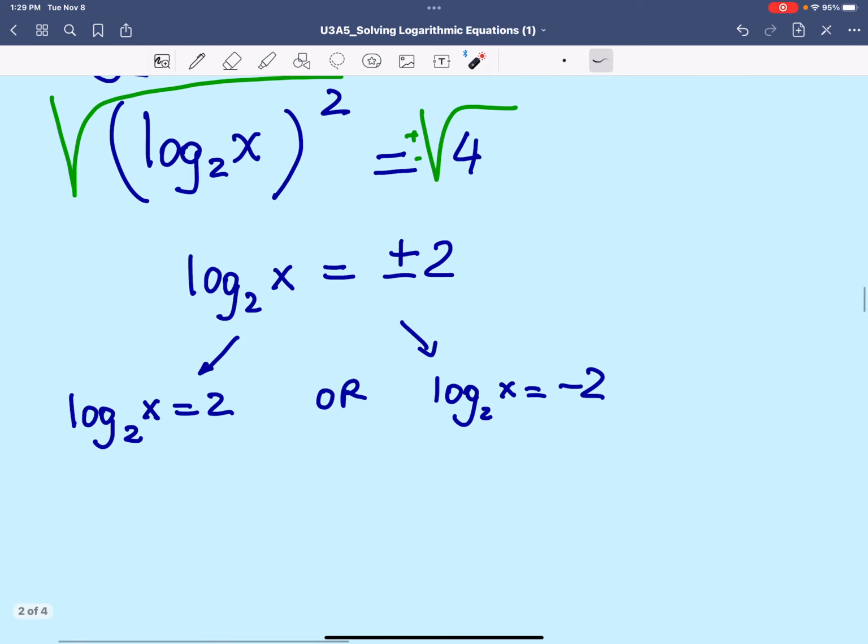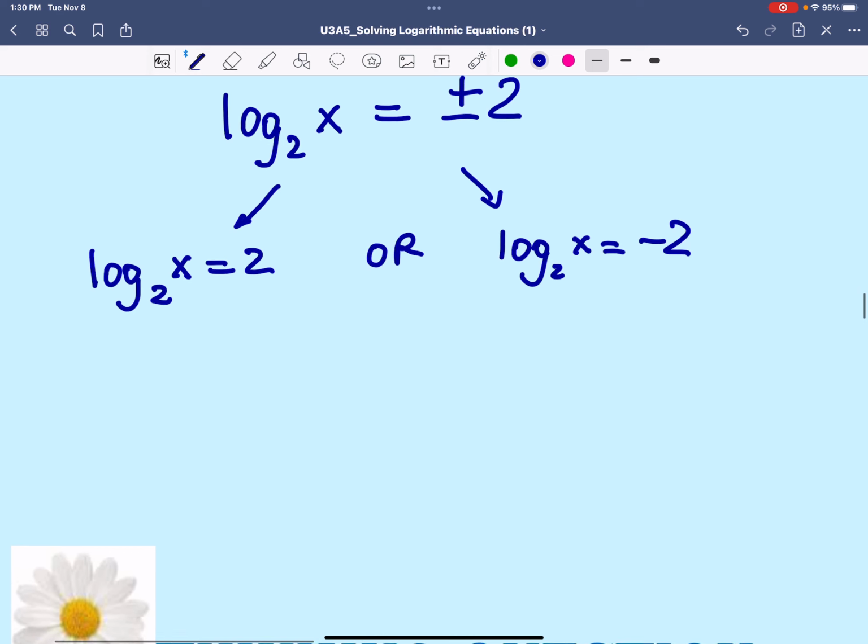Now remember that the logs can equal negative 2 because logs are powers. Powers can be negative. It is only the expression inside the log that has to be positive, okay? So I'm just trying to add these reminders because from experience I know what the misconceptions are that we might have sometimes.